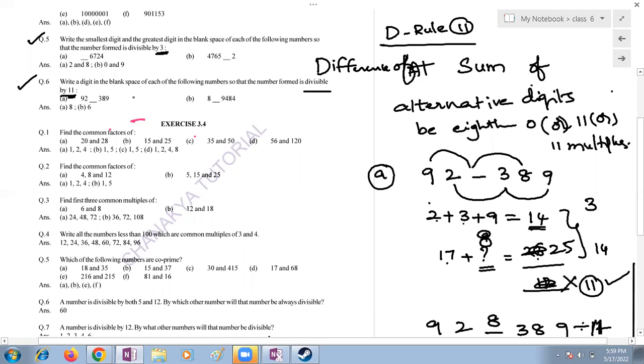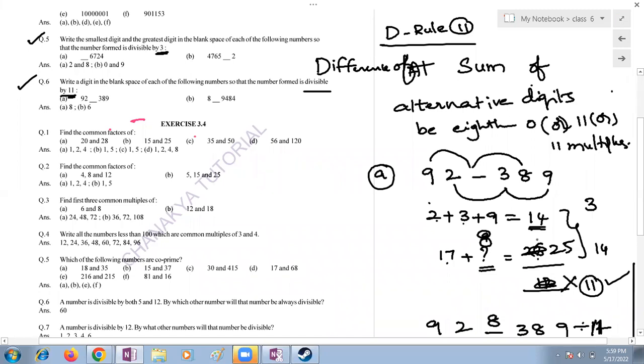So first it should be alternate digits, like the number is 1, 2, 3, 4, 5, 6. Then 1, 3, 5 and 2, 4, 6. Then we add both of them and subtract. If it's coming to 0, 11 or a multiple of 11, then it's divisible by 11.